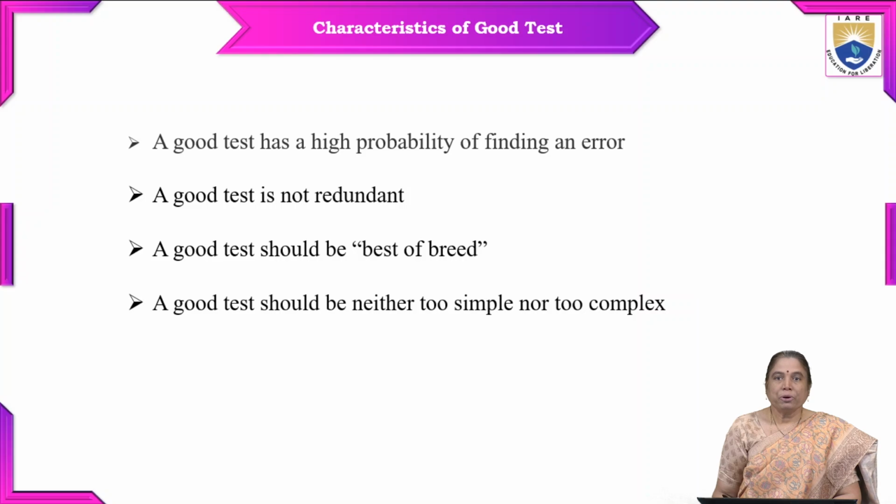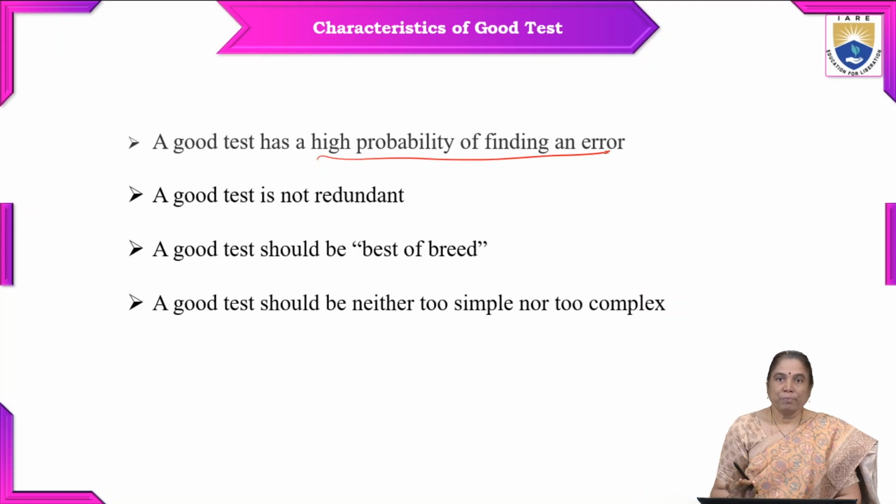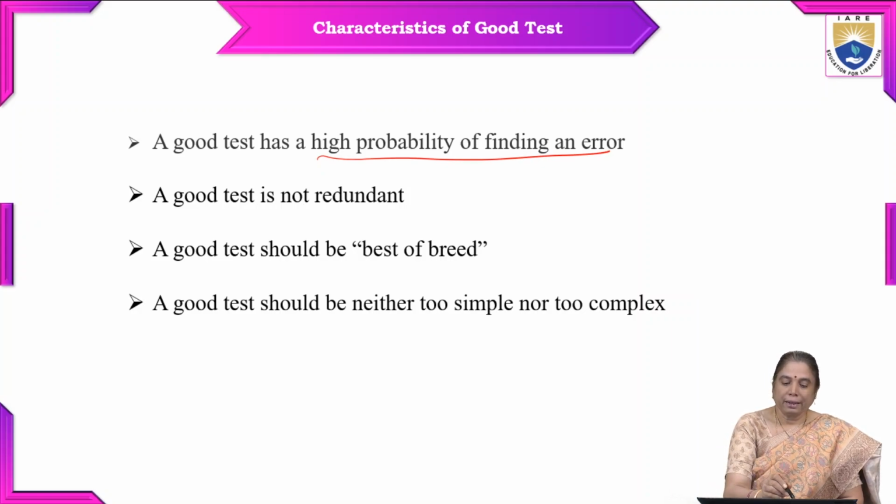A good test must possess a few characteristics. It should have a high probability of finding an error. The main objective of the software testing process is to identify the bugs in the software. So, a good test should have a high probability of finding an error, and it should not be duplicated or redundant.